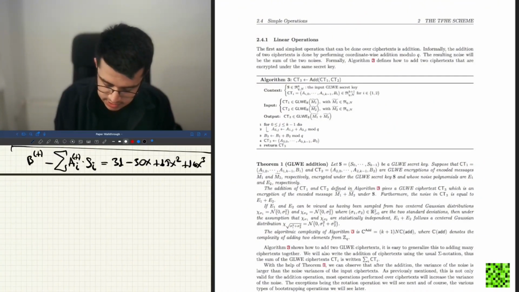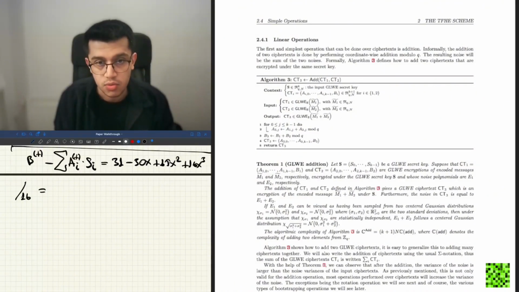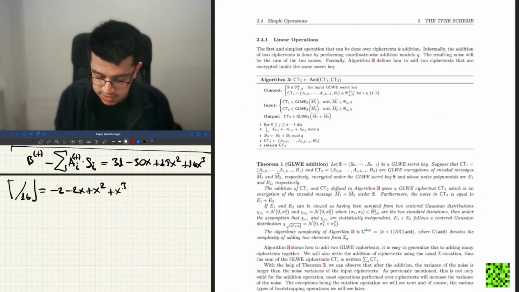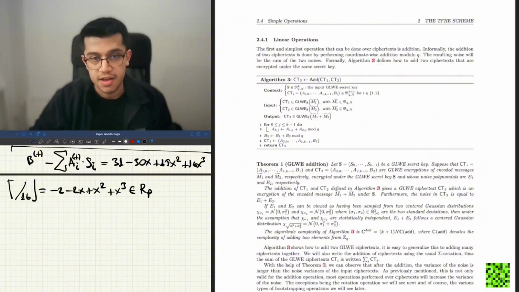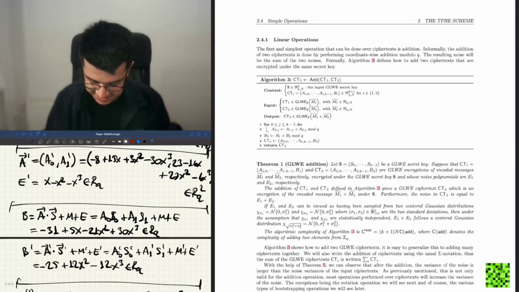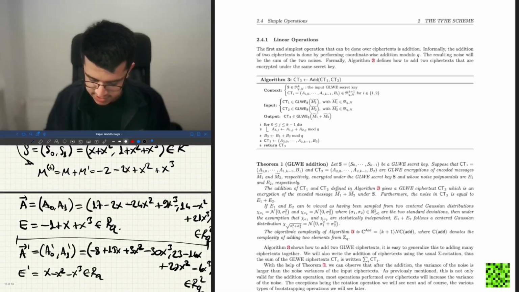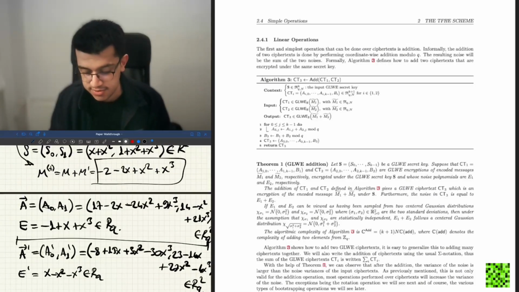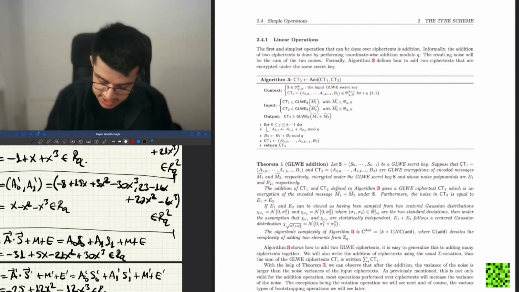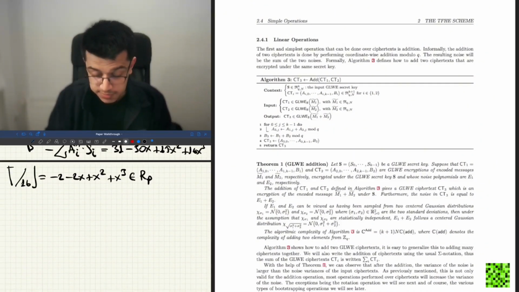So when we divide it by our scaling factor 16, let's write it this way, and also round it, we have minus 2 minus 2x plus x squared plus x cubed, and that is an element of our P, the plaintext modulus, which is exactly the plaintext summation, minus 2 minus 2x plus x squared plus x cubed. So the homomorphic property is actually preserved.